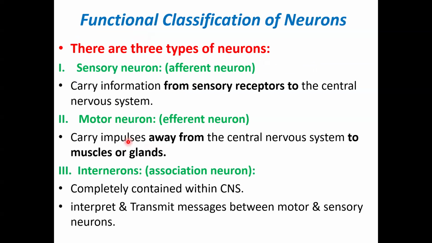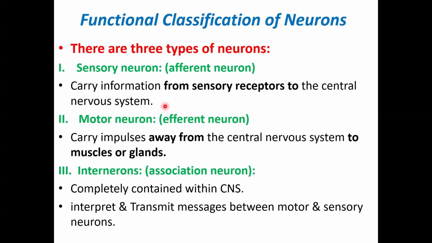Functional classification of neurons. There are 3 types of neurons: the sensory neuron, motor neuron, and interneurons. Sensory neurons, or afferent neurons, carry information from sensory receptors to the central nervous system.